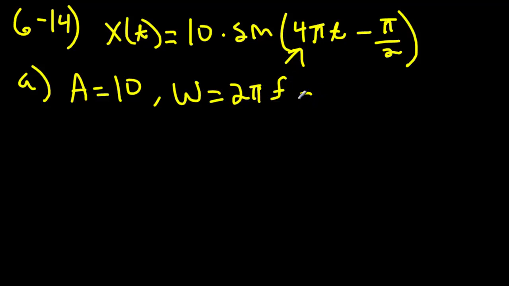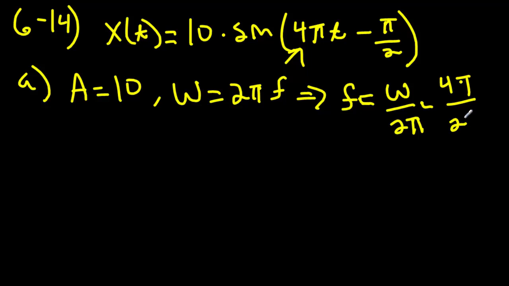So if we want to find f, it's just equal to omega over 2 pi, which is equal to 4 pi over 2 pi, which equals 2. So 4 pi over 2 pi, the pi's will cancel, and then you just do 4 divided by 2, which is 2. So f is equal to 2 hertz.